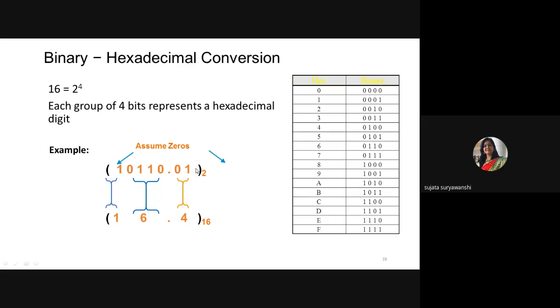So append 2 zeros for the fractional part: 0, 1, 0, 0. Then it will become 4, not 1. Understood? It's very easy for the conversion from binary to hex, binary to octal, or the reverse from octal to binary or hex to binary. Understood?